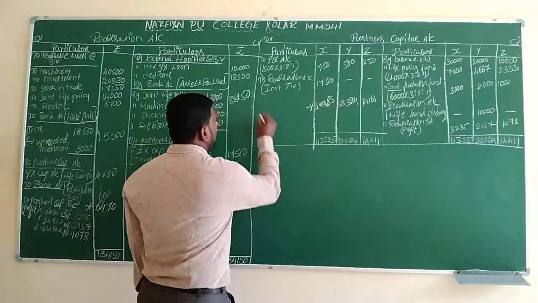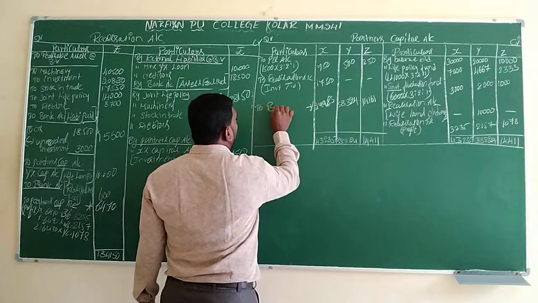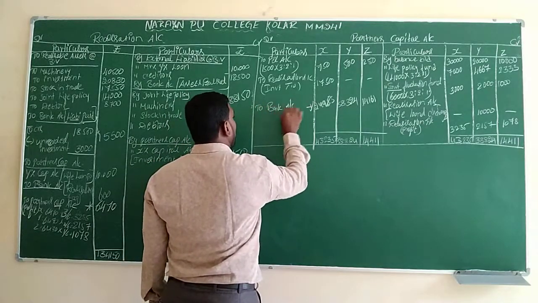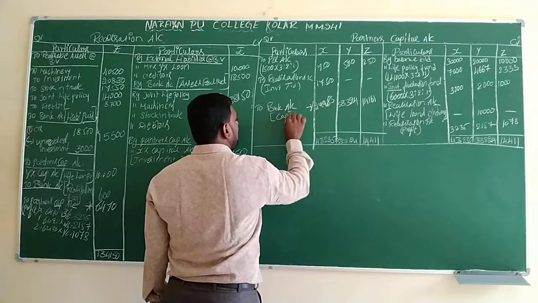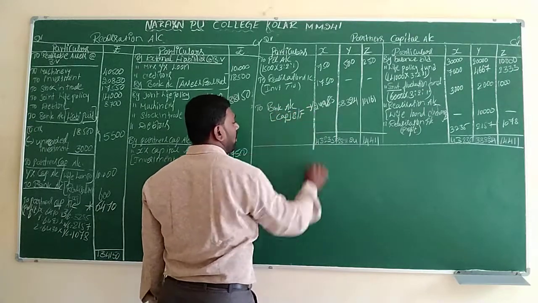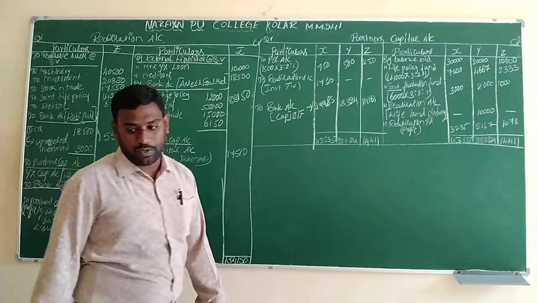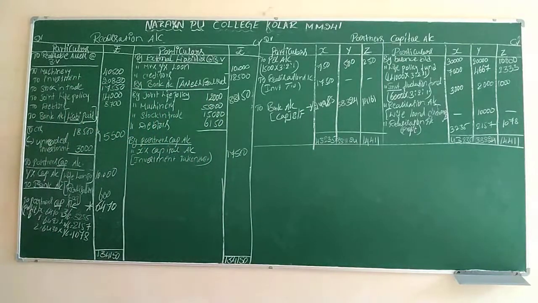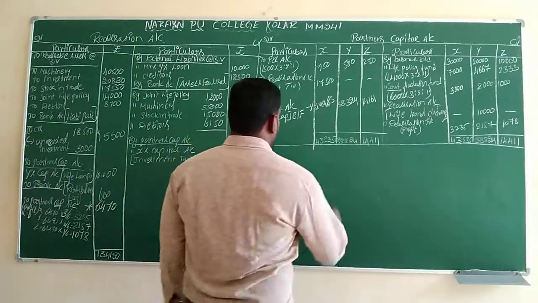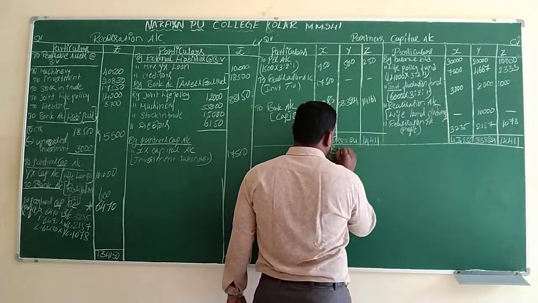For this we will write to bank account, in bracket capitals balancing figure. This amount we have to pay at the time of closing up of the company. So these are the transactions which we have to get under partners capital account, following the particular steps only. Let's move to the preparation of bank account. You should draw the columns for bank account. So next account is bank account.